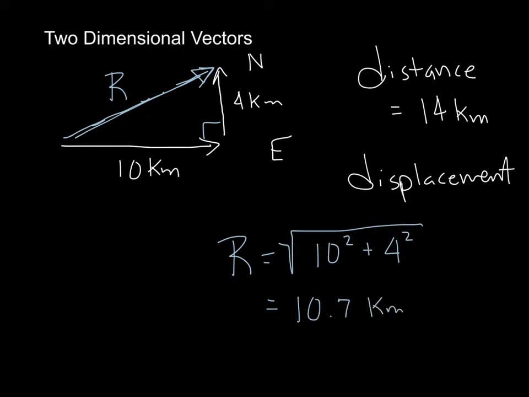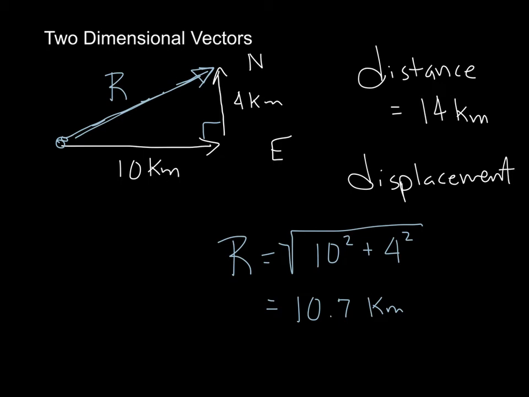Now we're ignoring significant figures here. However, what you can say is that through the addition of these two vectors that are at right angles to one another, your displacement is 10.7 kilometers from your starting position. It just means that if you were to walk this blue line right here, it would take 10.7 kilometers to get here.